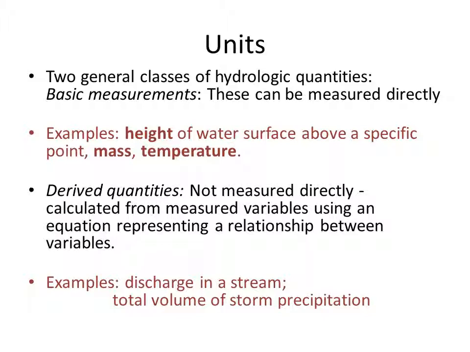If we take a length and multiply it times another length, say the sides of a rectangle, we come up with an area. If we then multiply that by another length in the third dimension, so that we have what looks like a rectangular tank, we end up with length times width times height, which is a volume. Examples of derived quantities include discharge in a stream and total volume of storm precipitation. We'll talk more about precipitation later in the class.